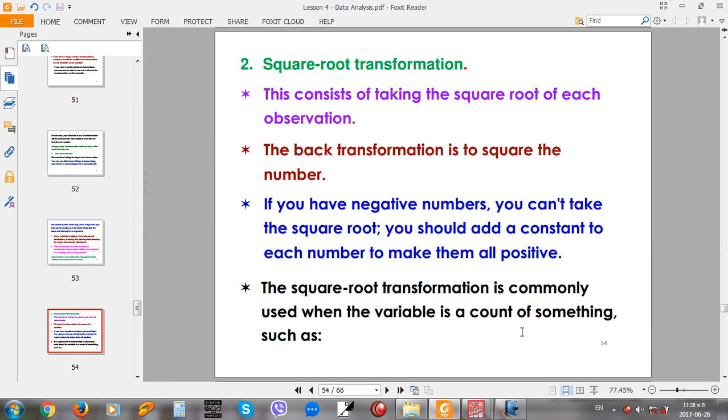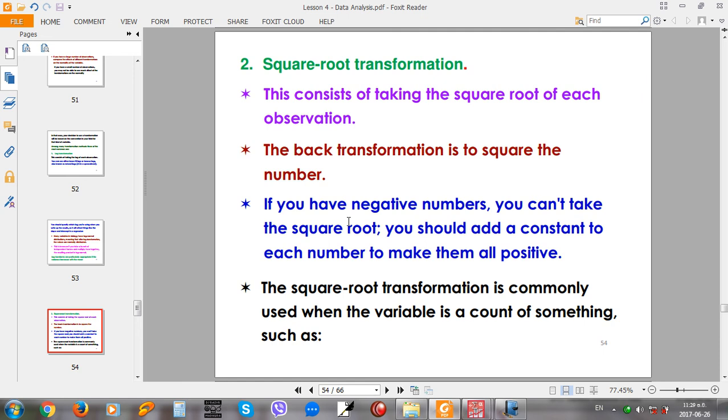Square root transformation: the other one is that you can take the square root of the given value. This consists of taking the square root of each observation. The back transformation is to square the number. If you have negative numbers, you can't take the square root, as there is no meaning in taking the square root of a negative number.